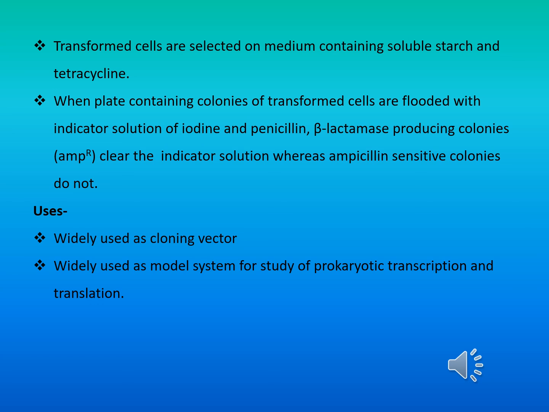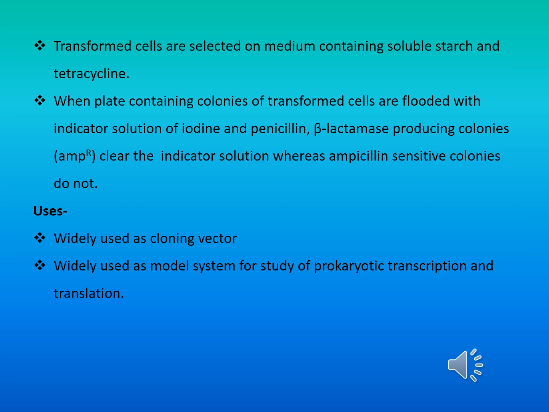Now what are the uses of pBR322? pBR322 is widely used as a cloning vector. When we have to amplify a DNA fragment, then we use pBR322 as a cloning vector. This vector is also used as a model system when we have to study prokaryotic transcription and translation, because one cloning site is present in the promoter of the tetracycline gene.